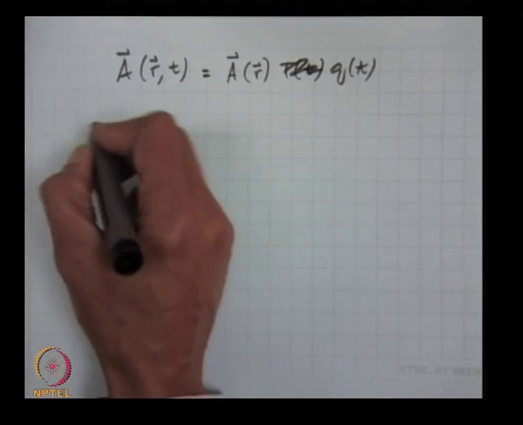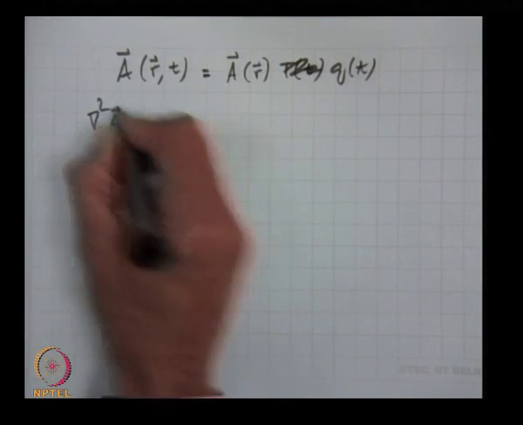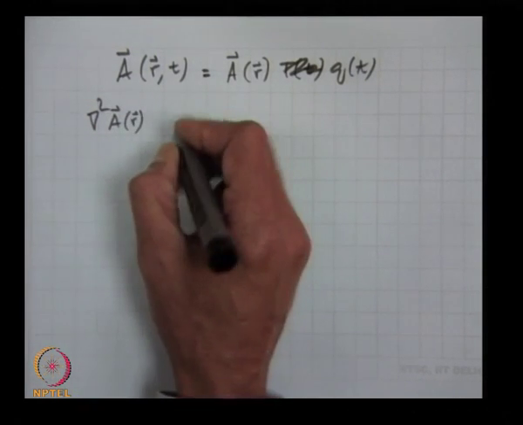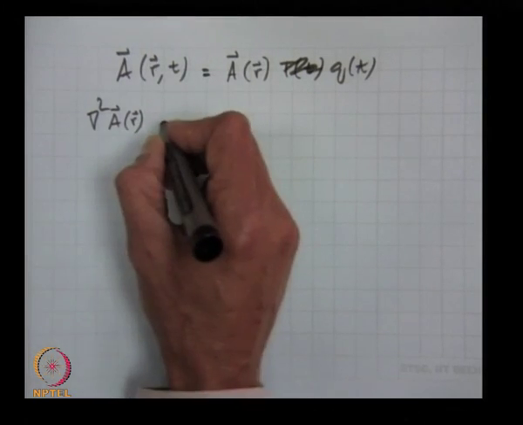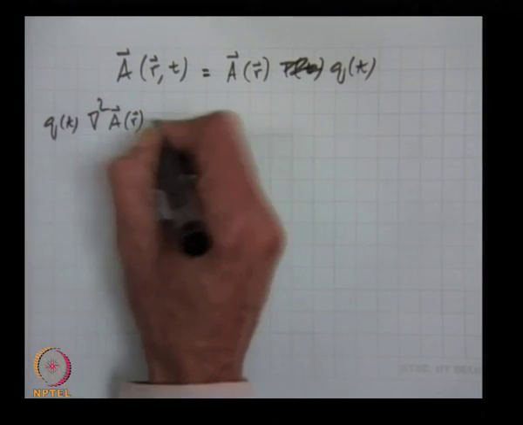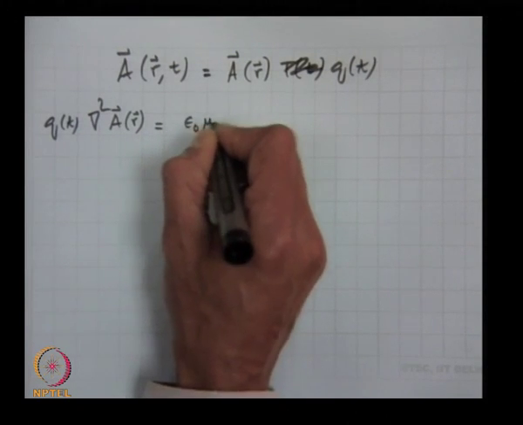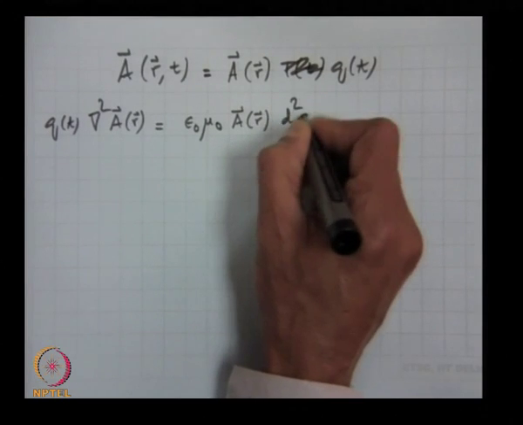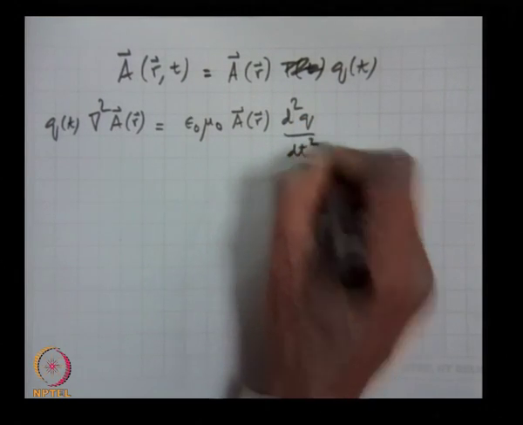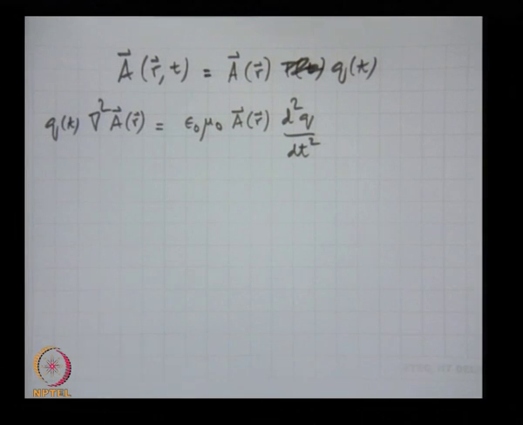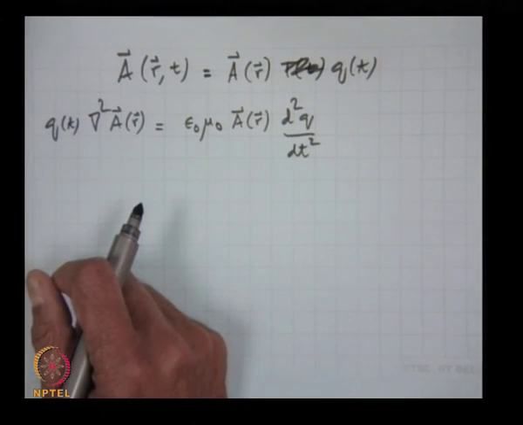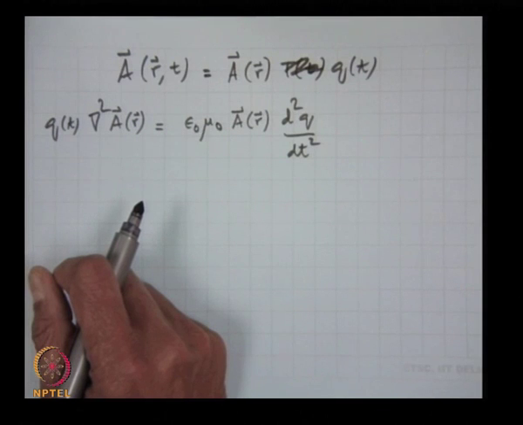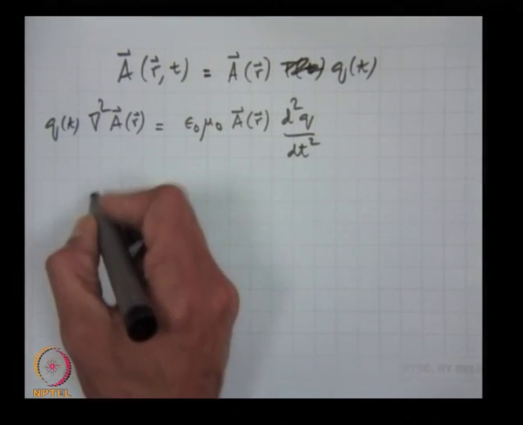So this equation becomes del square A of r into q of t is equal to epsilon 0 mu 0 times the second time derivative.